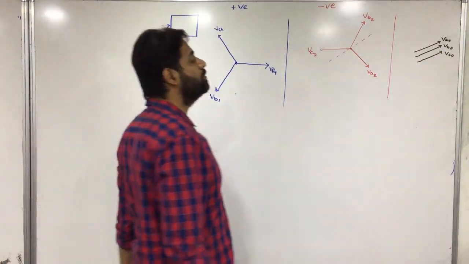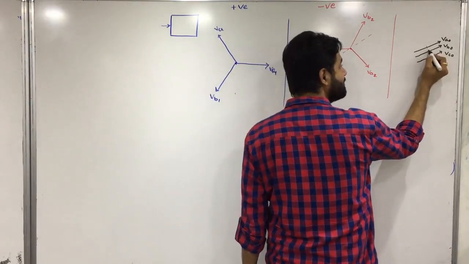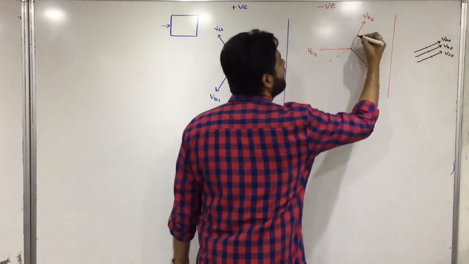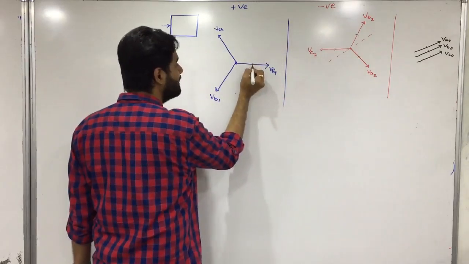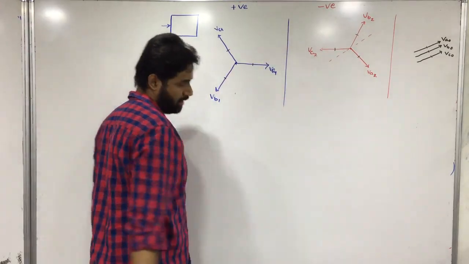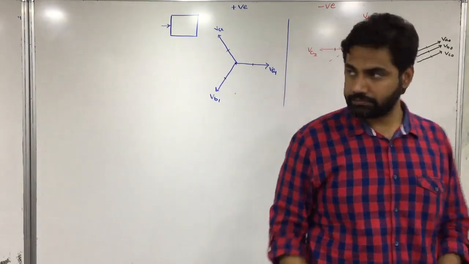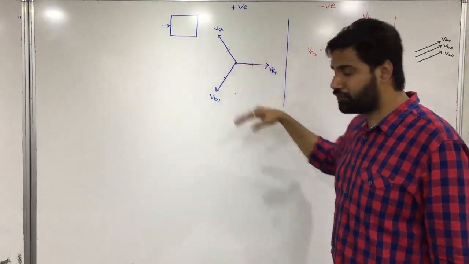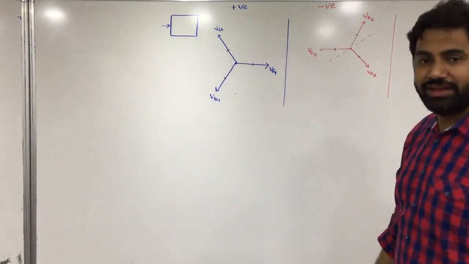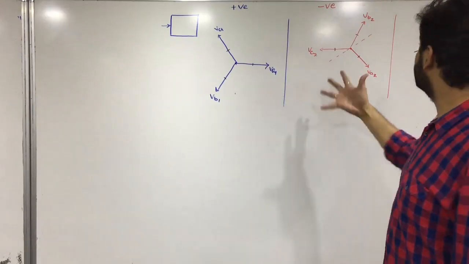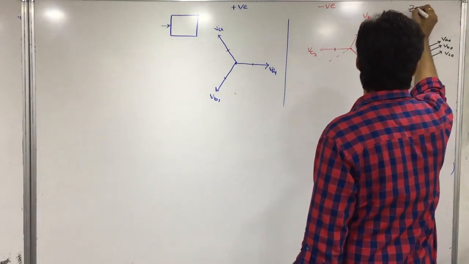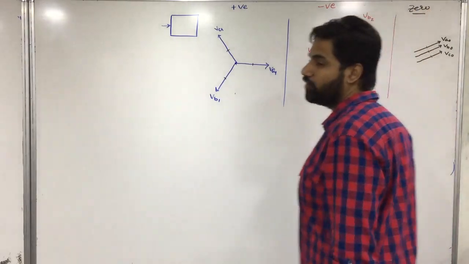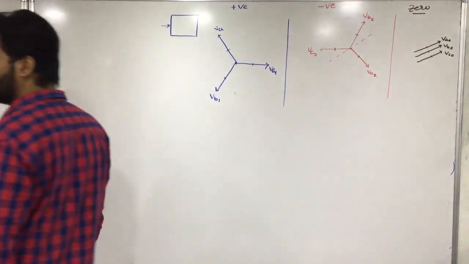Here what is similar? So I can say that this length is similar, here also this length is similar, here also this length is similar. So magnitudes are the same. Clear हुआ कि नहीं हुआ? Symmetrical, symmetrical. And this is what we call zero sequence. Fine.